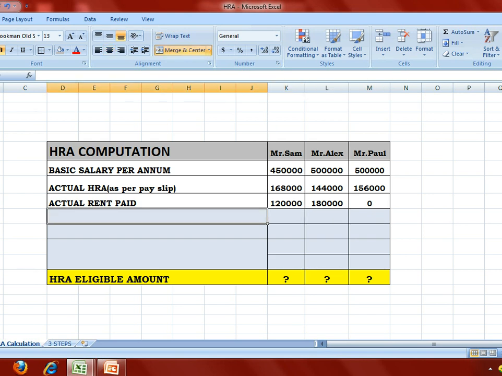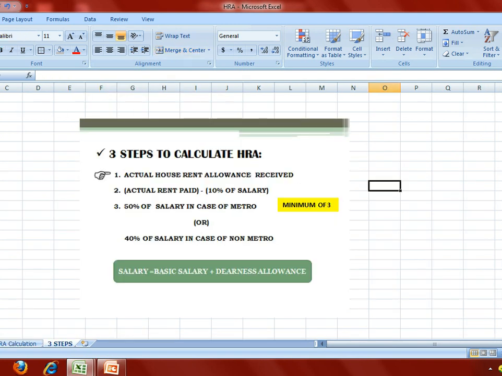Now I just want you to remember the three steps which we have discussed in our previous video of part 1. If you summarize those three steps, it is easy for you to do a calculation.